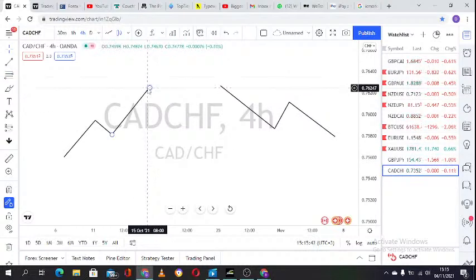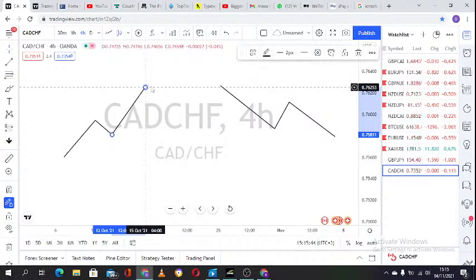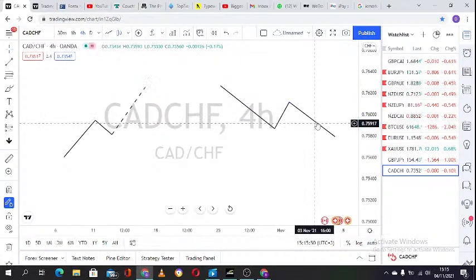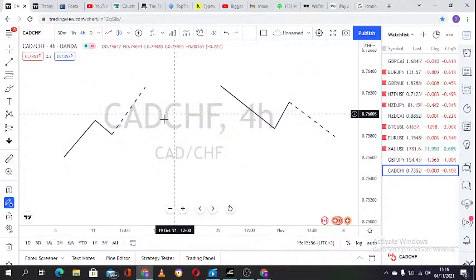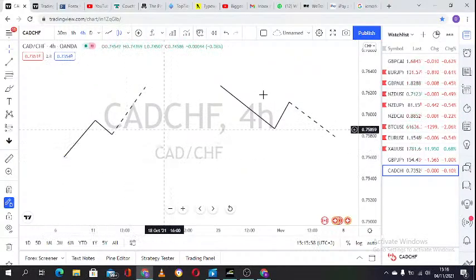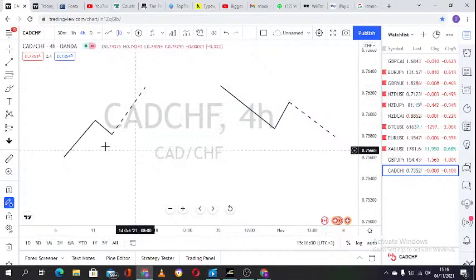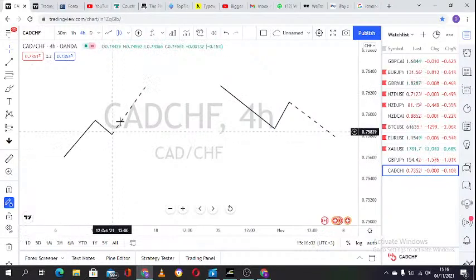Now I want us to remove this continuation towards the upside. Let's put in dotted lines just to show that price hasn't gone in that direction yet. Remember, price goes from left to right. So this is just an indication that price hasn't gone that direction yet.